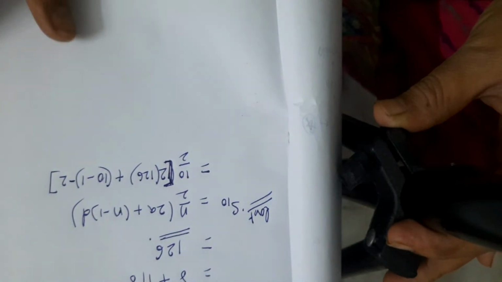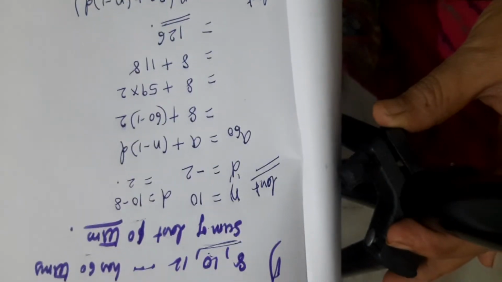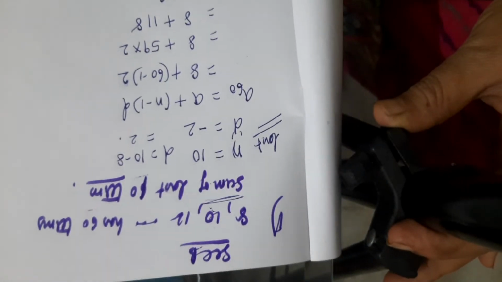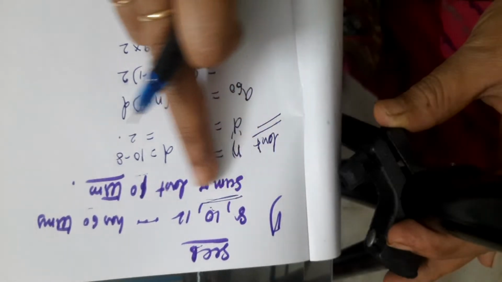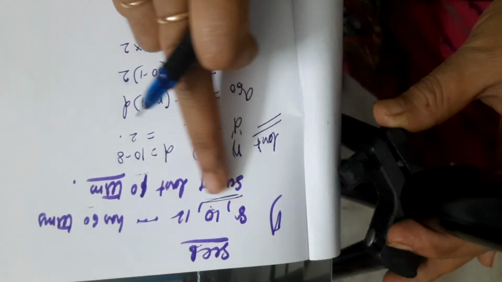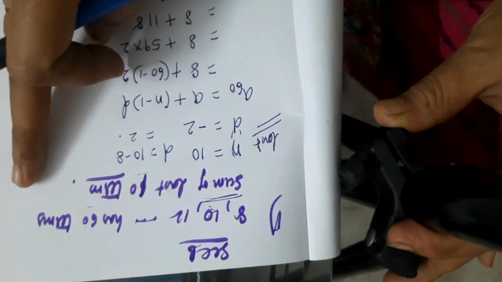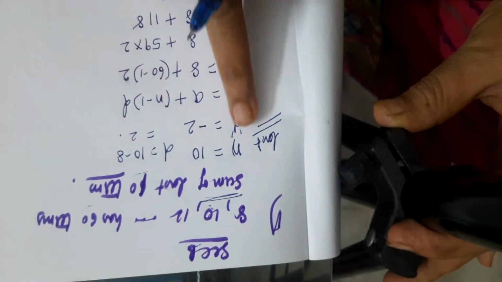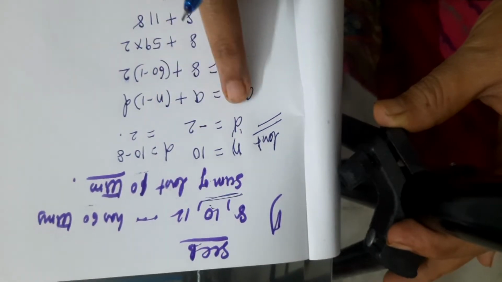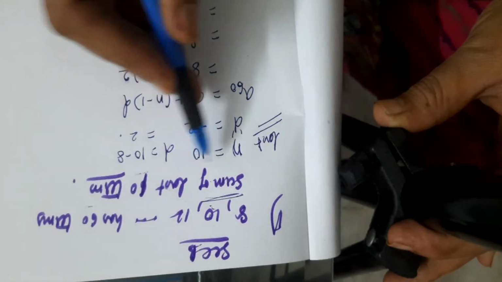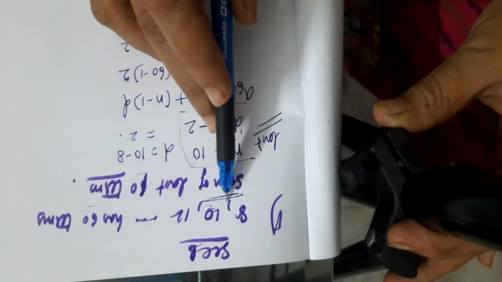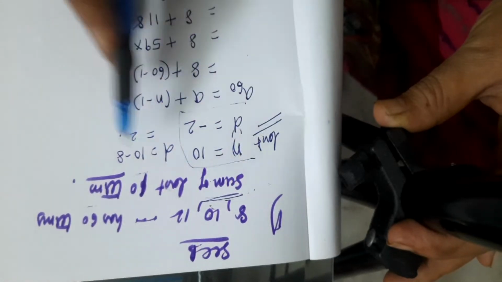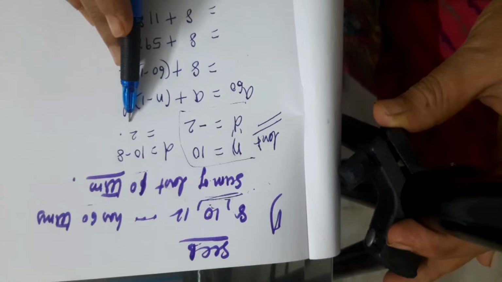Once again, the question was: find the sum of the last 10 terms of an AP, 8, 10, 12, which has 60 terms. So n is 10 here, d is minus 2. When we calculate from the last, whatever d we get, we take it as negative.